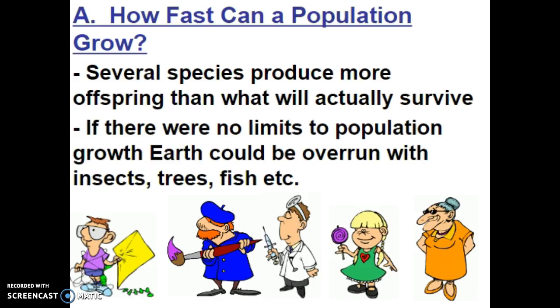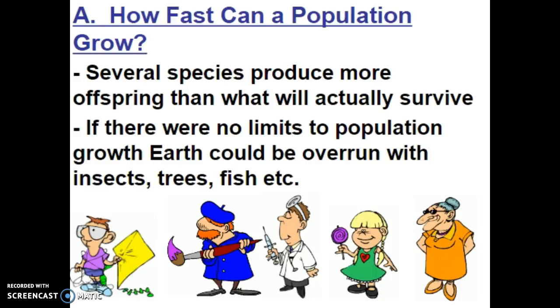There are a lot of species that produce more offspring than will actually survive. Lots of species, for example, frogs and fish and insects, they lay thousands of eggs and spawn those, in hopes that a few of them will make it to adulthood to actually survive.